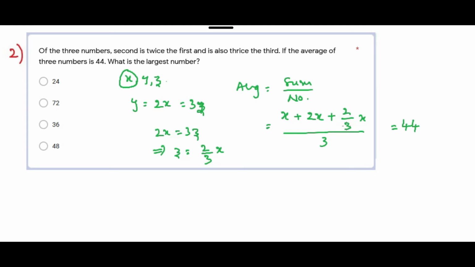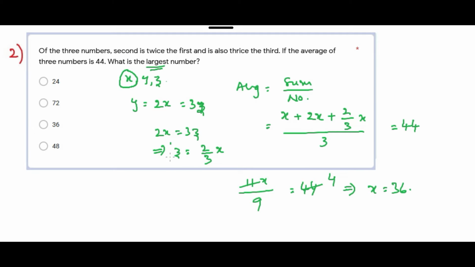Now this is 3x, and 3 3s are 9. So 9x plus 2x will be 11x, divided by 3 3s are 9, is equal to 44. If I cut this one, it will be 4 times, so x is equal to 36. What is the question? What is the largest number?